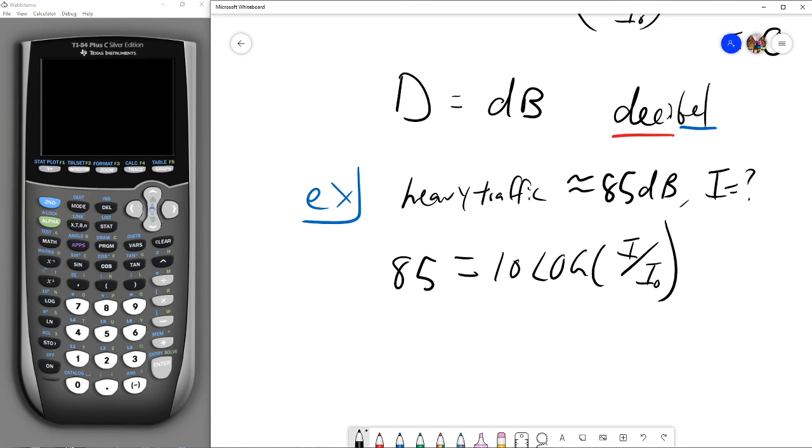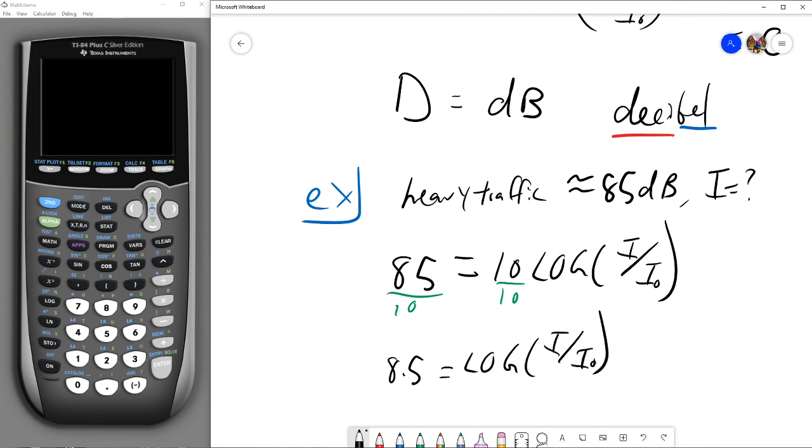That will remain 10 to the negative 12 regardless. To solve this, we have a logarithm equation, and our first step is to isolate the logarithm. In this case, we have this 10 in front that we need to get rid of. So I'm going to divide both sides by 10. So I have 8.5 is equal to log of I over I naught.